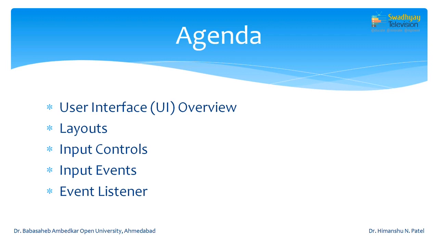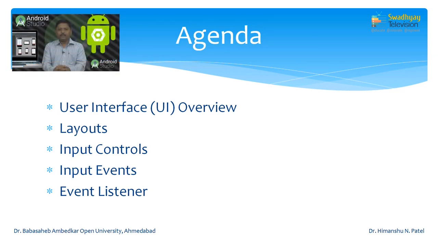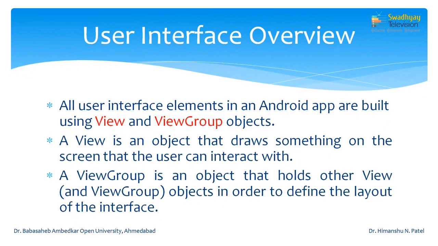Then we discuss some input controls by which user can interact, and what are the different types of events available for these input controls such as button, text field, checkbox, radio button, spinner, etc. We also discuss event listeners, which are nothing but interfaces which handle these different types of events for the input controls. We start with an overview of user interface.